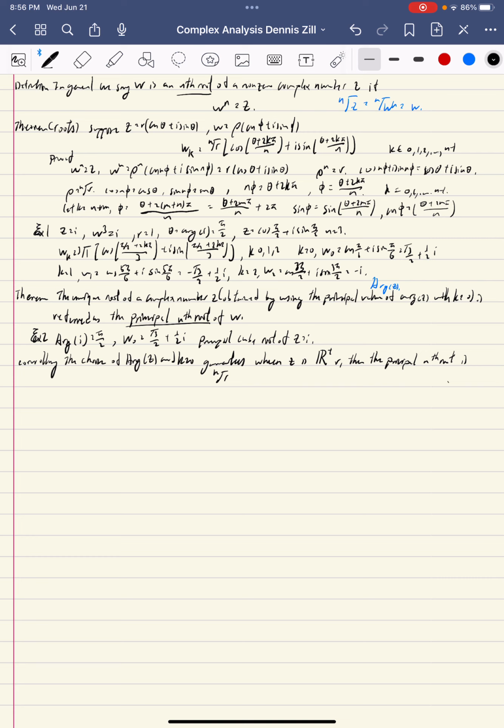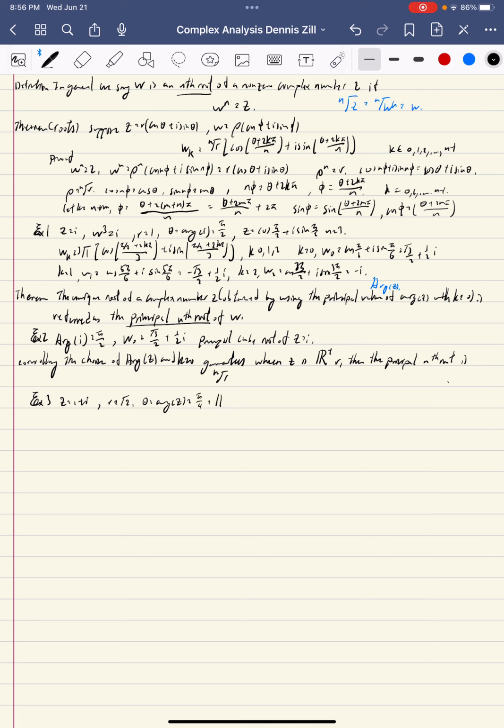And now example 3. If z is equal to 1 plus i, then in this case r is equal to root 2, and theta is equal to the argument of z, which is equal to pi over 4.